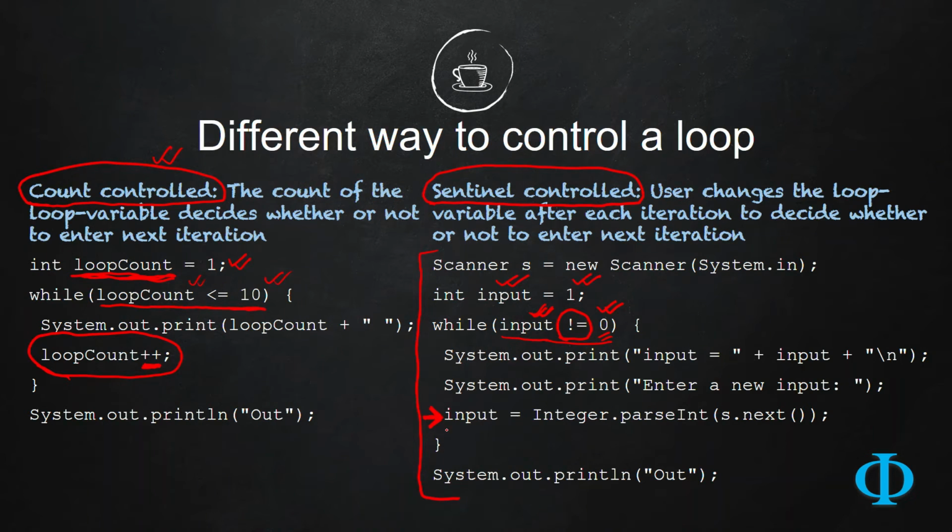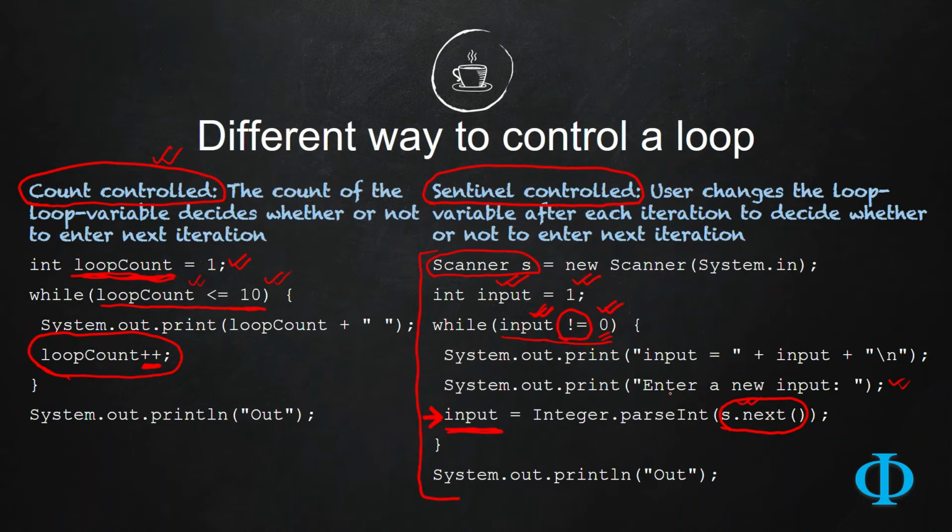Here in this example, if you see, I am taking the input from the user by utilizing a scanner S. Okay, so by using this S variable, I am asking the user to enter a new input, and this new input in the end of the iteration will decide whether the loop will enter the next iteration or not.